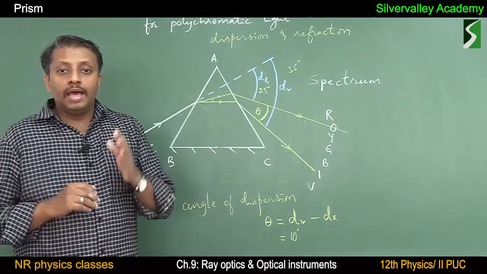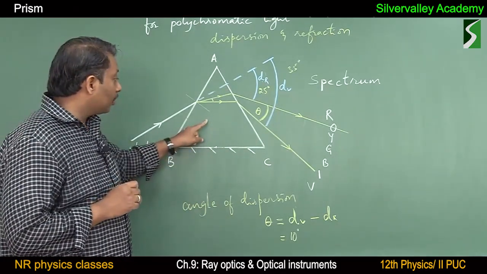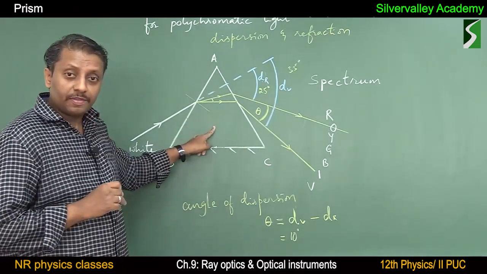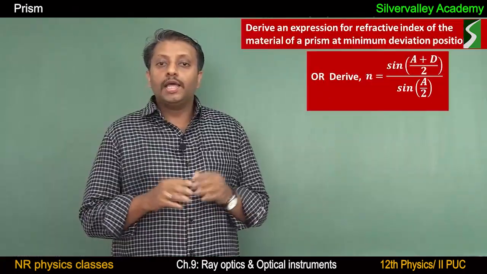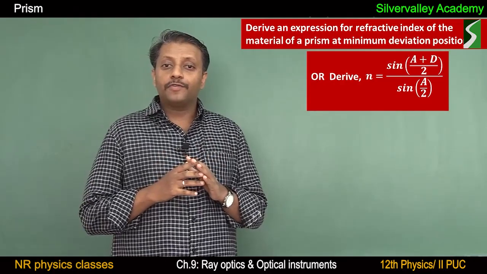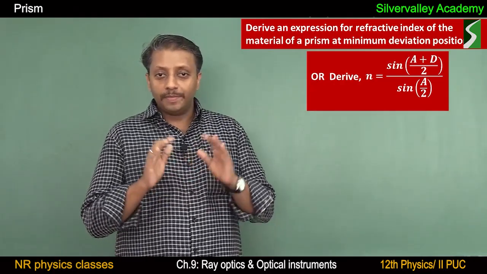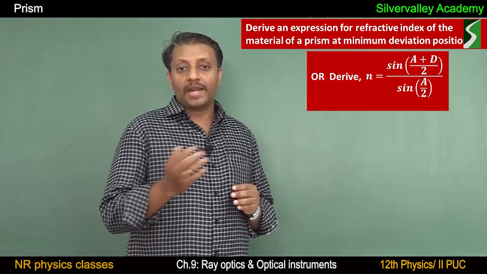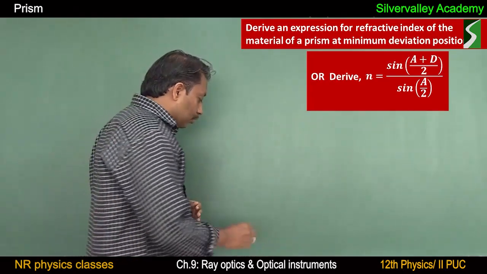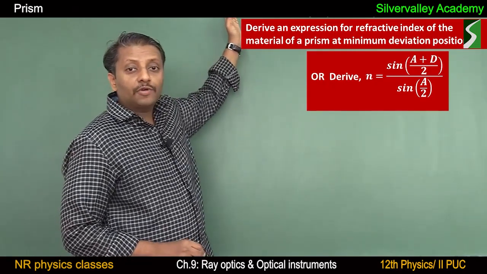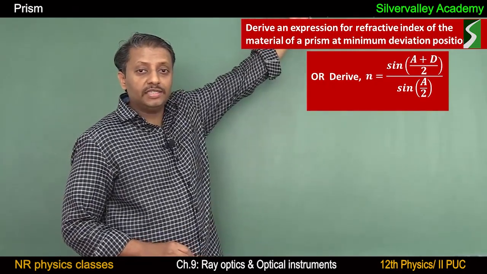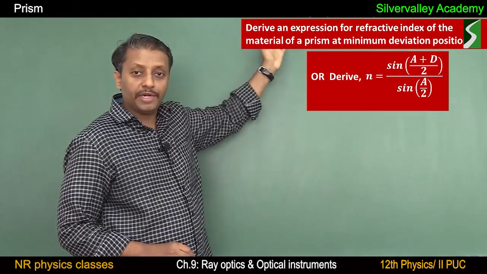Okay. Let us derive an expression for refractive index of the material of the prism in terms of other known parameters. Now let us derive an expression for refractive index of the material of a prism in terms of known parameters. Or the question could be, derive n equal to sin (A plus D) by 2 by sin A by 2.